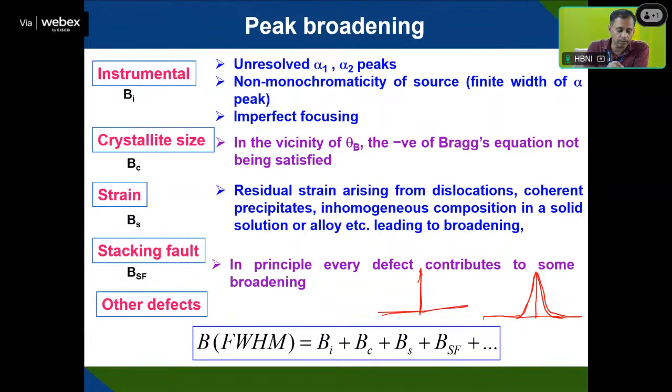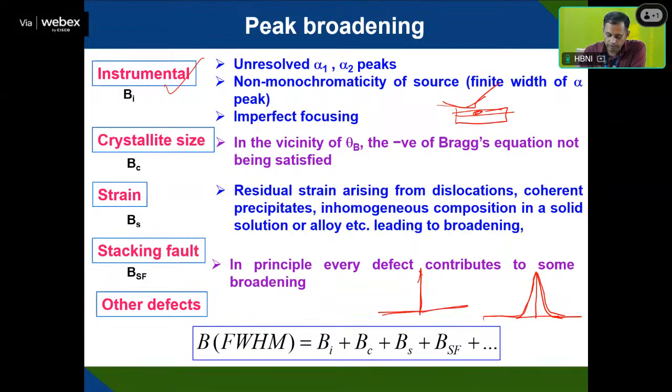This broad peak is a summation of instrumental effects, like the unresolved alpha 1, alpha 2 peaks, non-monochromaticity of the source, because the source is not monochromatic, or imperfect focusing. Your sample is lying here, and instead of focusing on the sample surface, you are focusing a little off. So you will not see a proper peak, and you will see this broadening. Another aspect is crystallite size in the vicinity of theta B, where Bragg's law equation is not exactly satisfied.